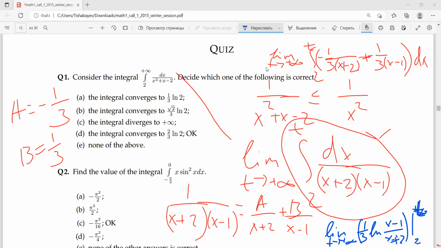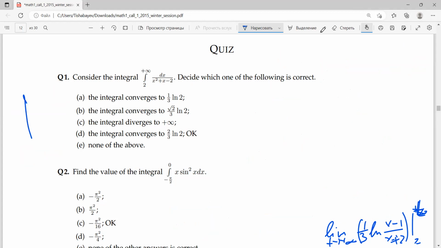You can take a photo again, this one. May I clear? Yes. Okay. So now, next, find the value of the integral.